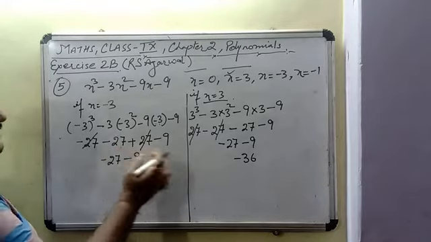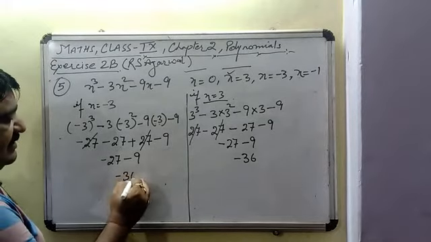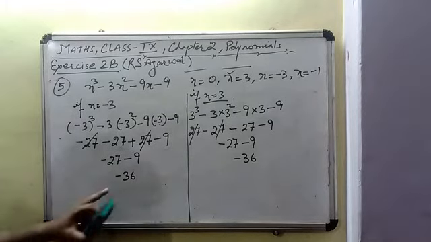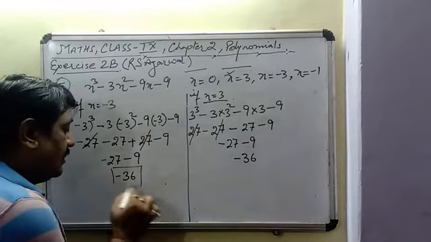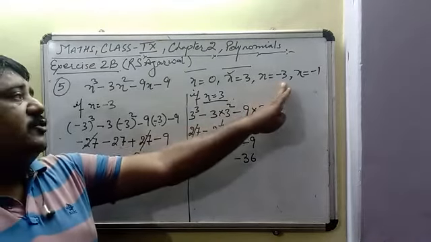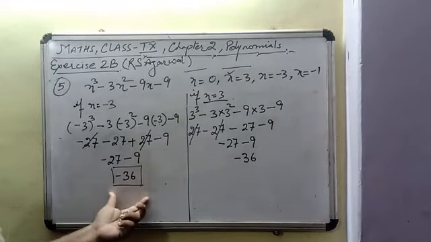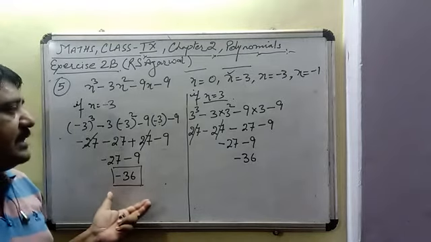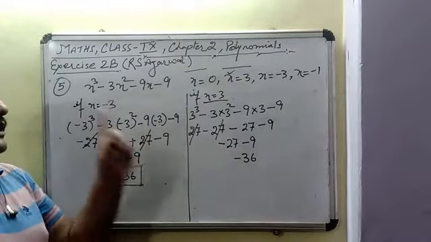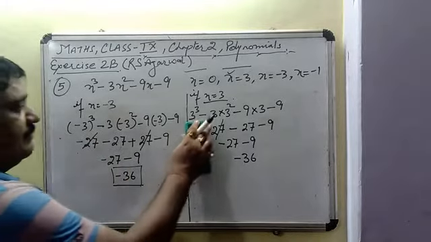This minus 27 and minus 9 are left with us. So the result is minus 36 again. So we can say that we are putting x equals to minus 3 in the given polynomial, and the value we have got, that is minus 36. That means x equals to minus 3 is also not the 0 of the given polynomial.